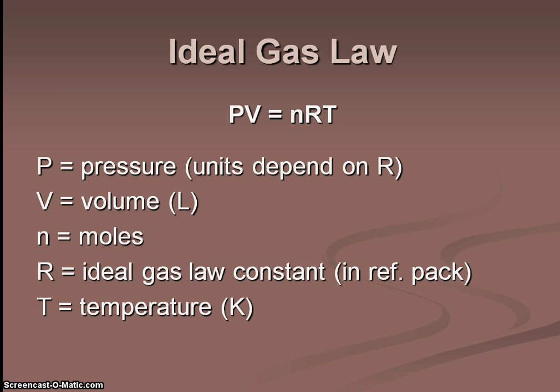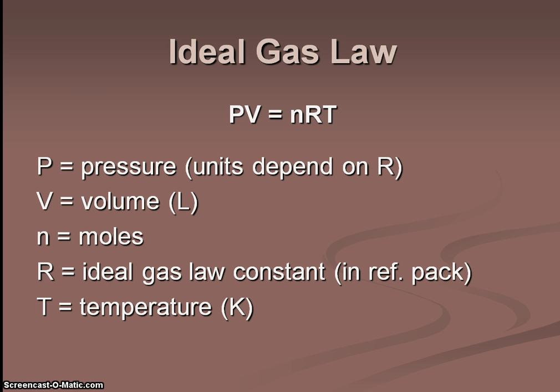If you take a minute and look in your reference packet, it's on the very first page where it says Chemistry Reference Tables. It's the second thing on the top left corner. You should see where it says gas constant (R), and notice that there are three choices. Those three choices depend on your pressure units. So if your pressure is in ATM, you want the R value that has ATM in its units.